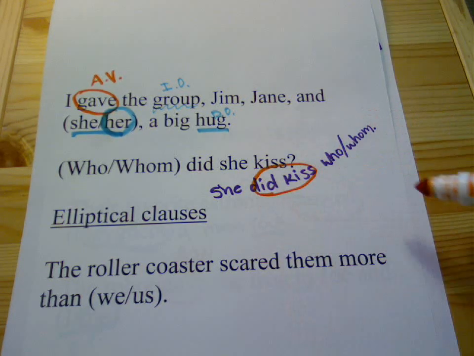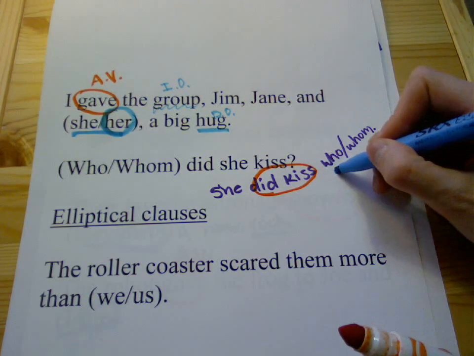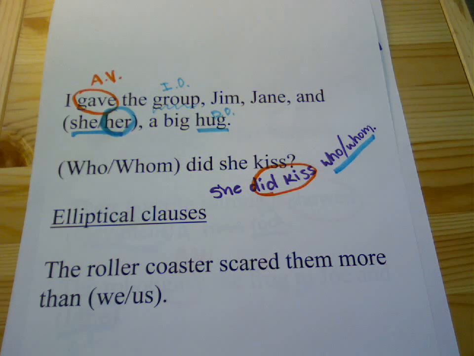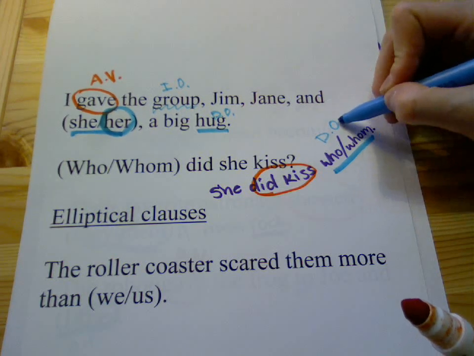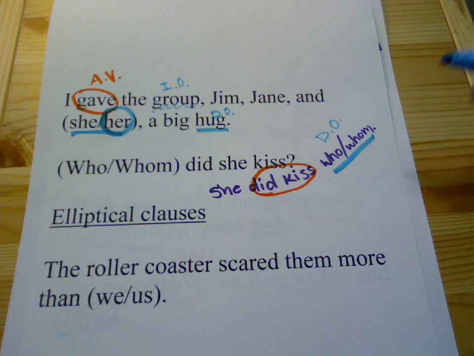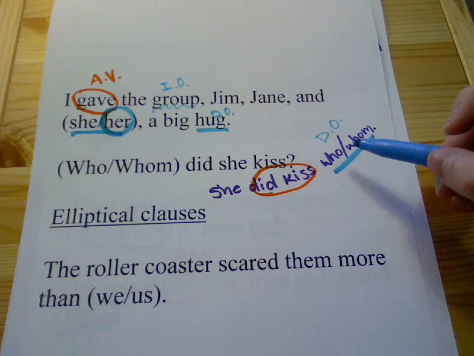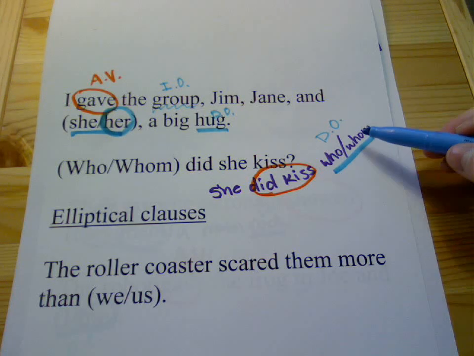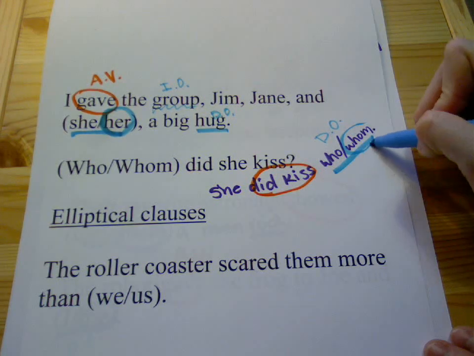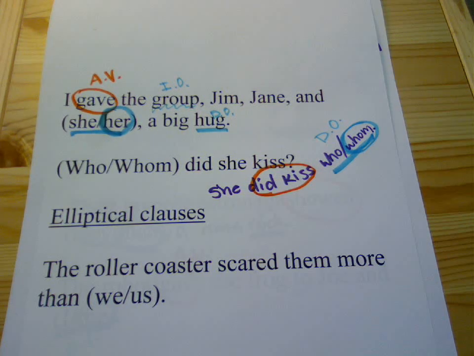Did kiss is our verb. She did kiss what? She did kiss whoever this person is, which makes it direct object. And which one is our objective case? Llamas like who? Llamas like whom? This one is our objective case. So she did kiss whom?